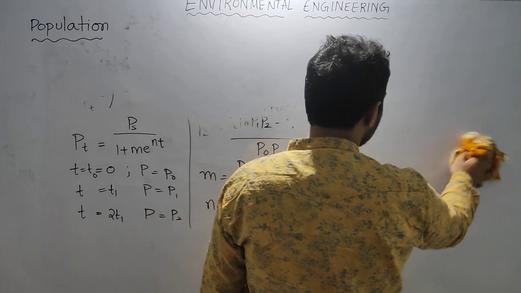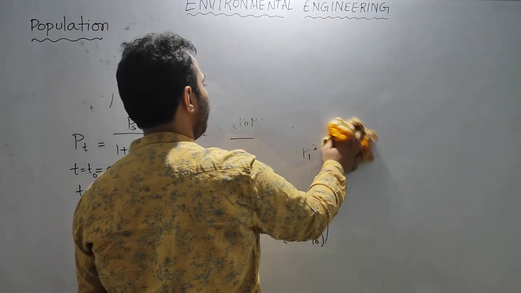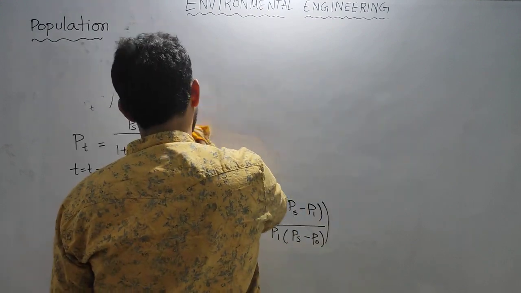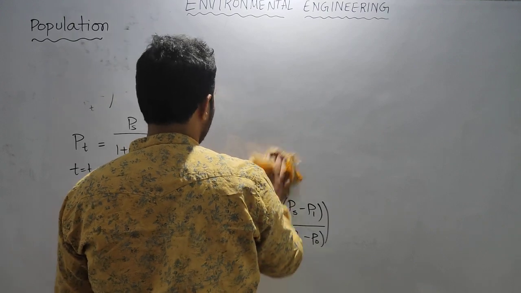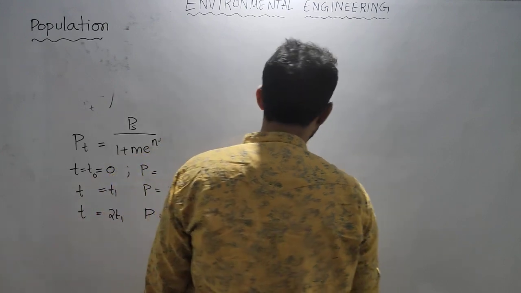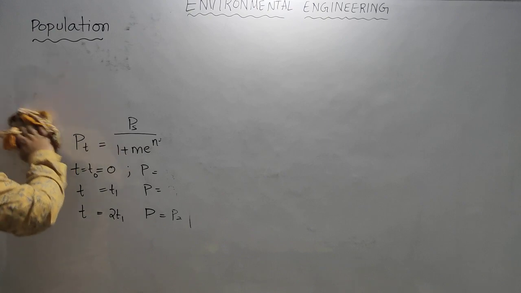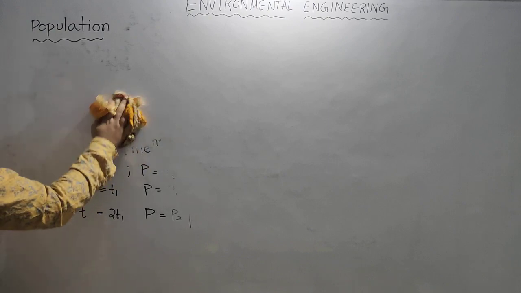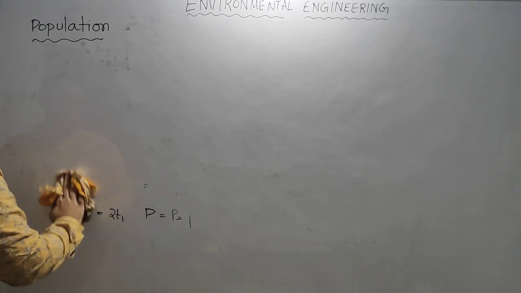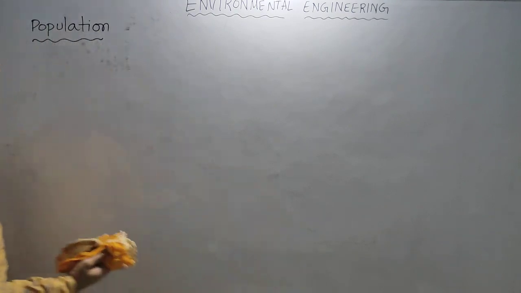For example, we have data of a location up to the latest census, 2011. If you want to forecast the population of 2021, you need to extrapolate it. Using the extrapolation technique is nothing but the simple graphical method. The simple graphical method is simply an extrapolating technique.